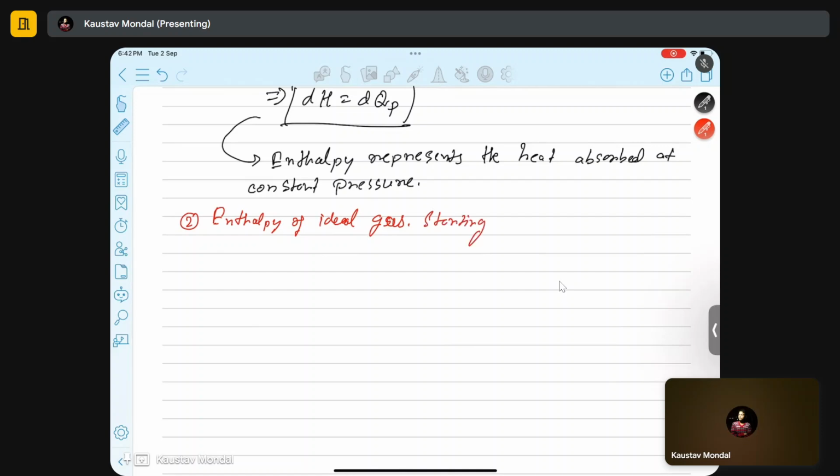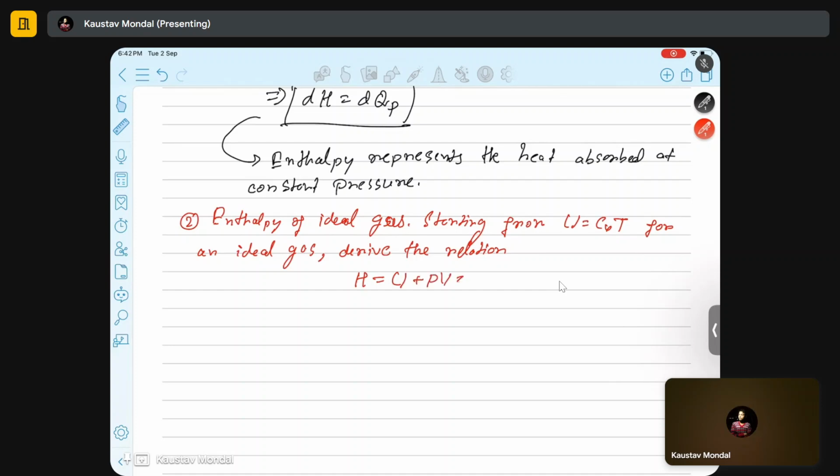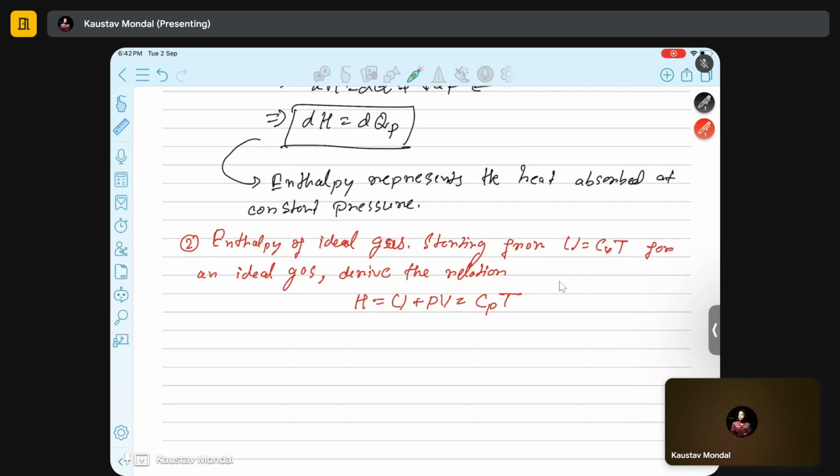Starting from U equal to CVT for an ideal gas, derive the relation H equal to U plus PV equal to CPT. So this relation you have to prove for an ideal gas, given the fact is the expression of the internal energy is following this kind of a relation with CV and dT.